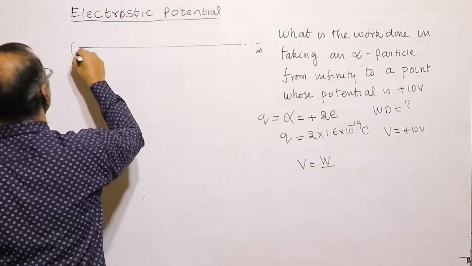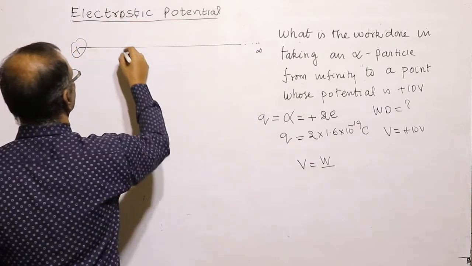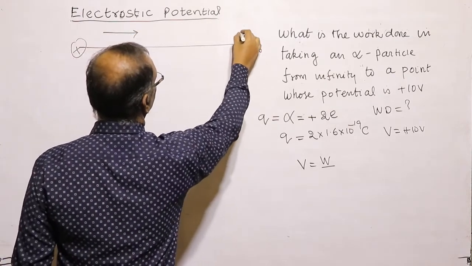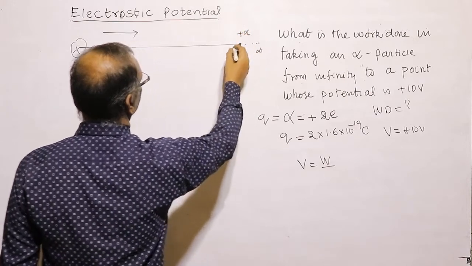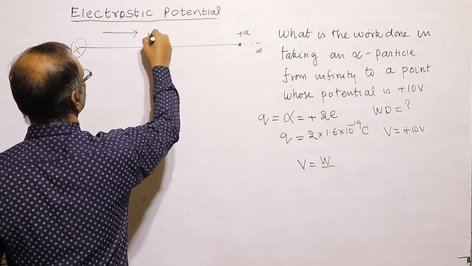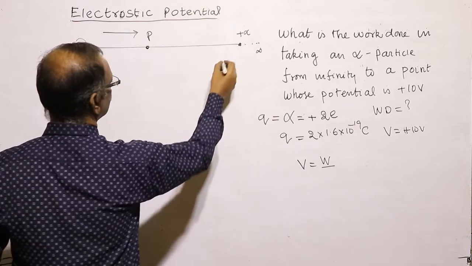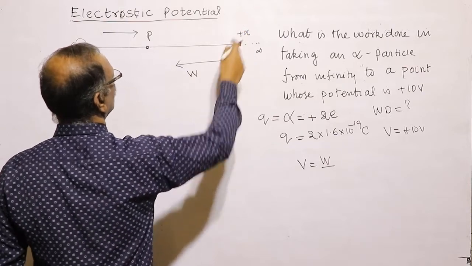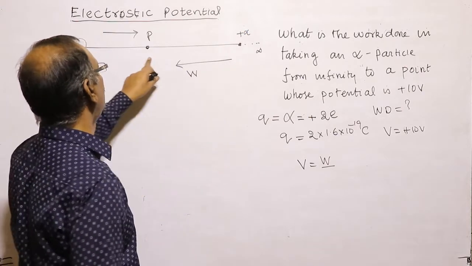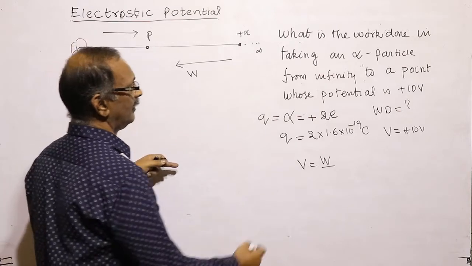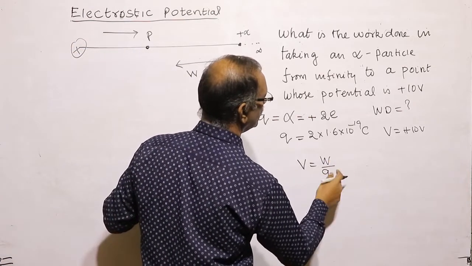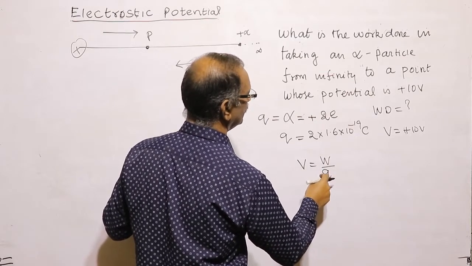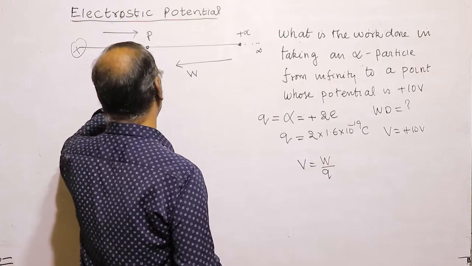From infinity, this is a positive charge, so the force is there. Bringing the alpha particle up to this point, that is point P, work is done by us in bringing the alpha particle from infinity up to this point. That is what we call a potential at this point.